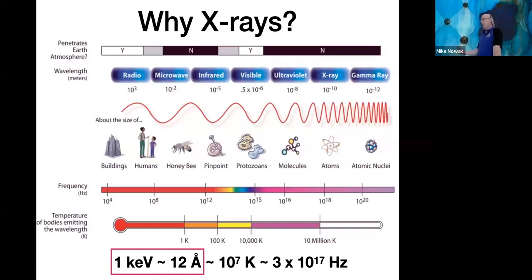The sun emits optical light because it's about 6,000 degrees. If instead you were on the order of 10 million degrees, you would be emitting X-ray light. So keep in mind that 1 kiloelectron volt is about 10 angstroms, which is about 10 million degrees.